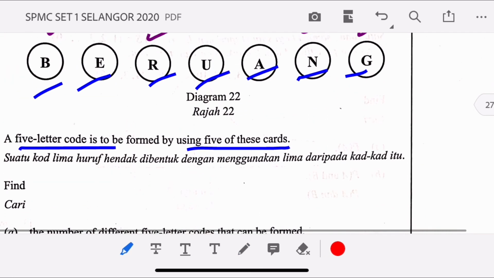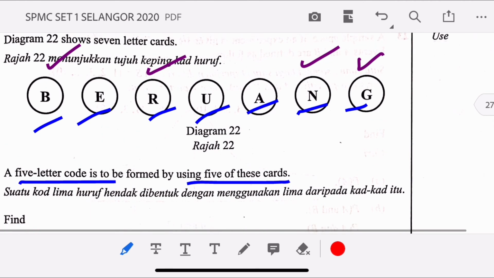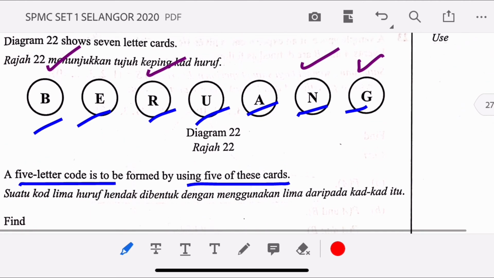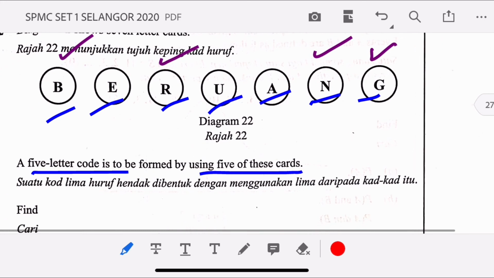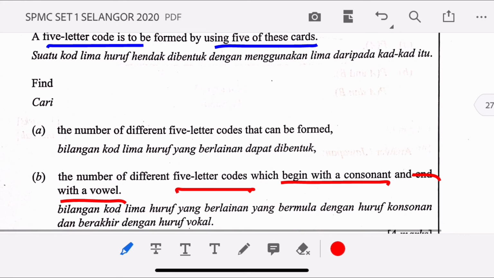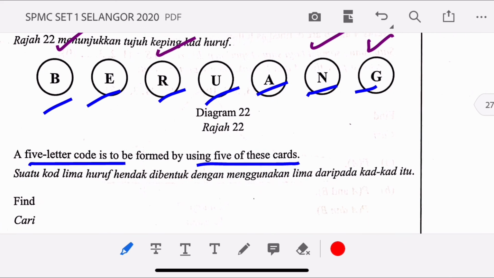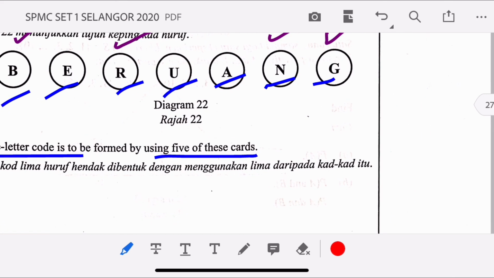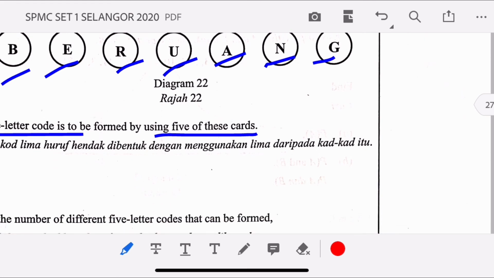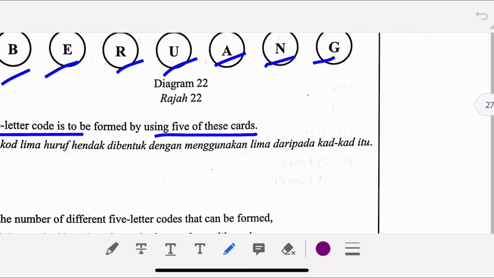And then how many vowels do we have? E, A and U. You must end with a vowel, so we have A, E, U. So we used a blue color for the consonant. Vowels we have A, E, I, O, U. We have 3, right?